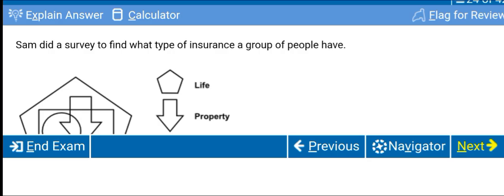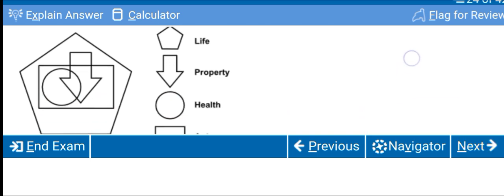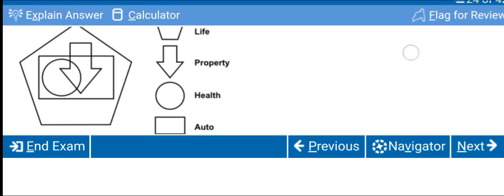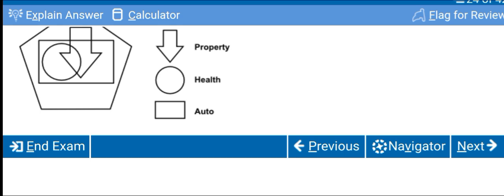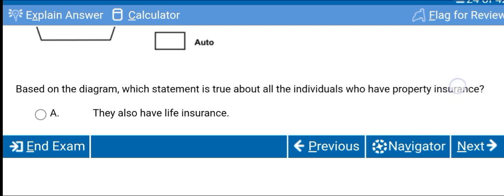Next question: Sam did a survey to find what type of insurance a group of people have. Here we have this diagram with some shapes. The first shape represents life, an arrow pointing downward represents property, a circle represents health, and a rectangle represents auto.